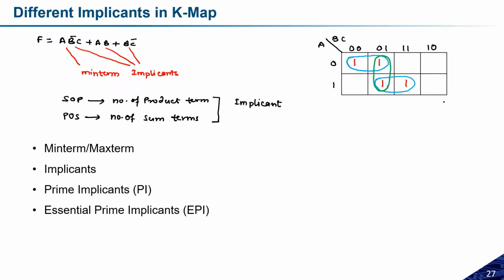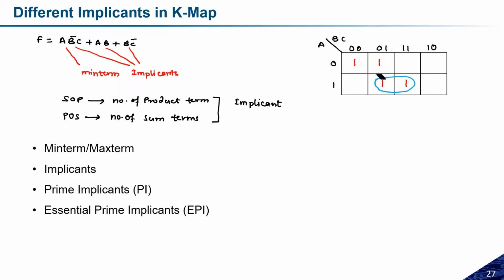See here, in the same example, if I do not consider this green part, still all the ones are paired. So this green pairing is not required. Whatever pairs I have made in the blue color, both are mandatory.